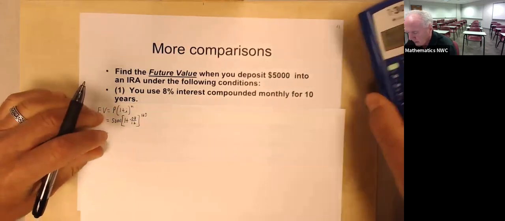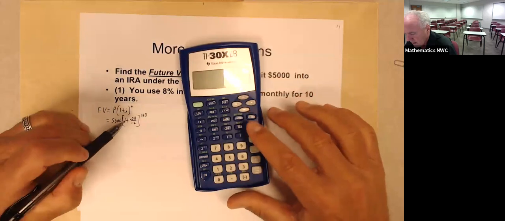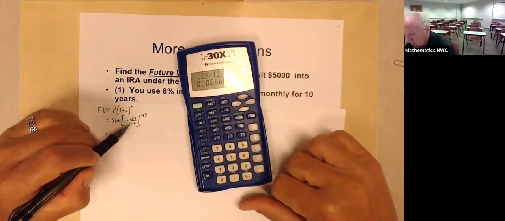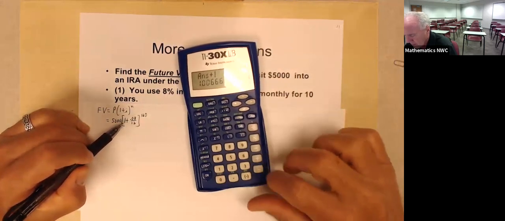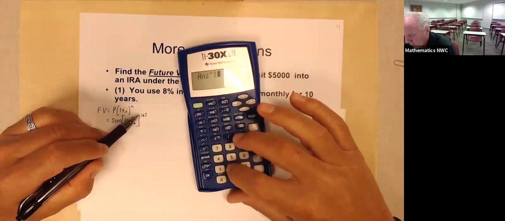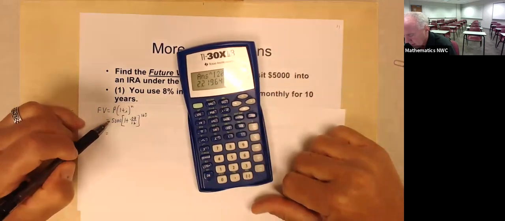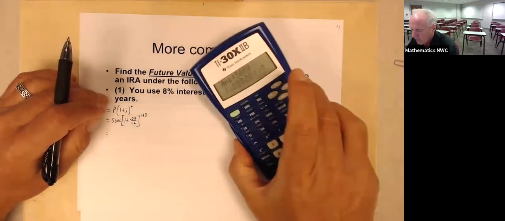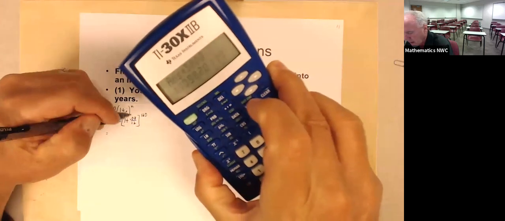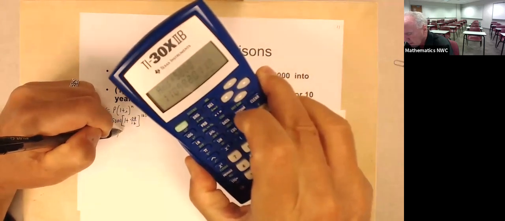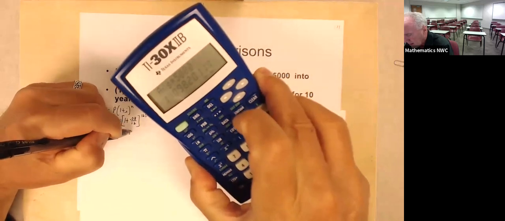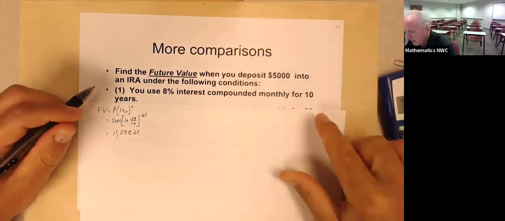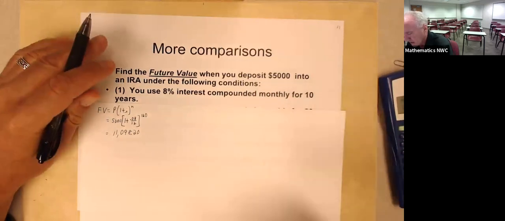I'm ready to go to my calculator. 0.08 divided by 12, enter, plus 1, enter, raise it to the power 120, enter, take it times 5,000, enter, and I get my answer, which turned out to be 11,098 and 20 cents. It's because we only had it in there for 10 years, not that long.